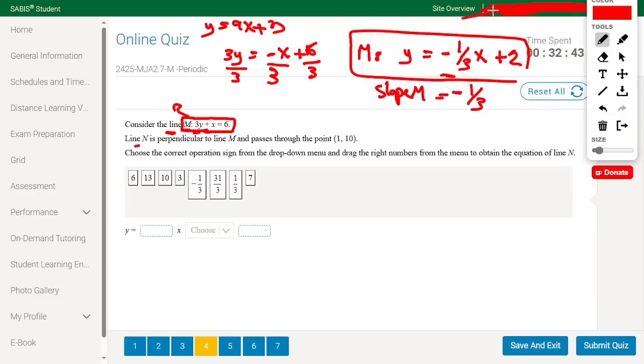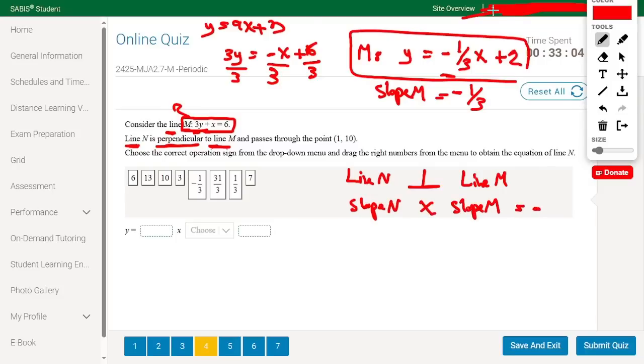Now here line N is perpendicular to line M. So we have line N perpendicular to line M, right? That means the slope of line N multiplied by the slope of line M equals minus 1.